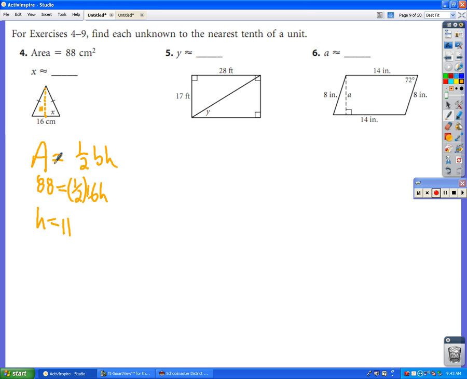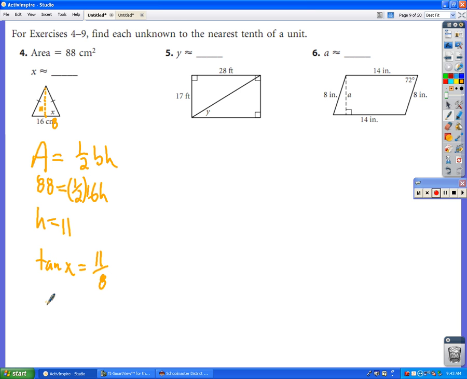So now since I know that height is 11, what's this little piece right here? 8, okay? So if I want to figure out this angle, what trig ratio can I use? I know the opposite and I know the adjacent. So I know the tangent of x equals 11 over 8.